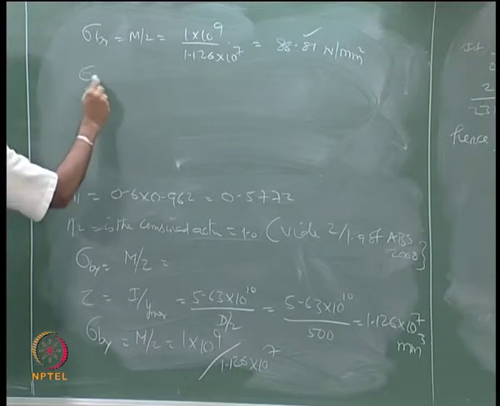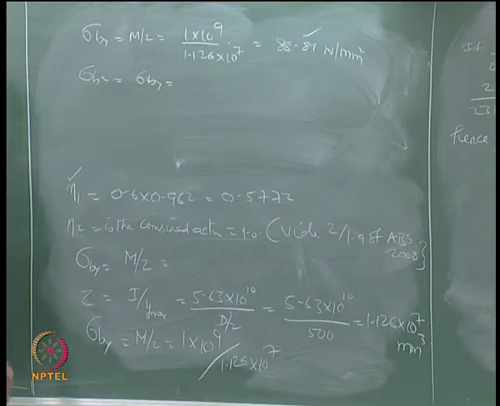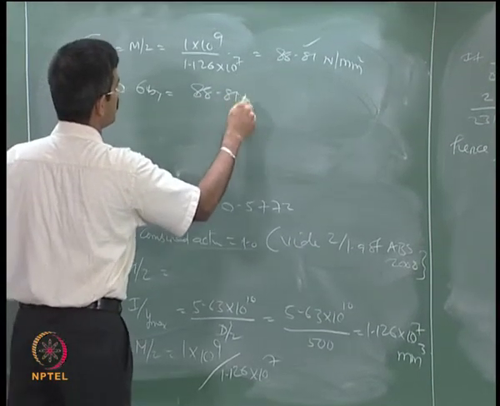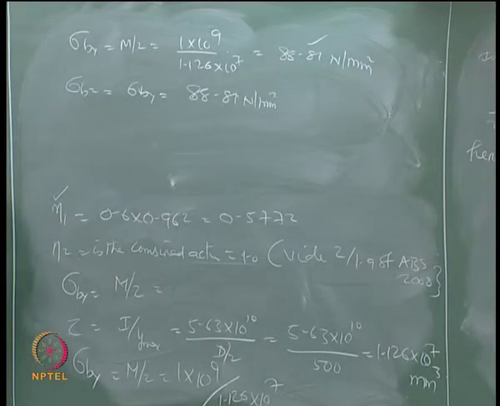Sigma Bz in my problem remains the same as sigma By, which is 88.81 Newton per mm square.